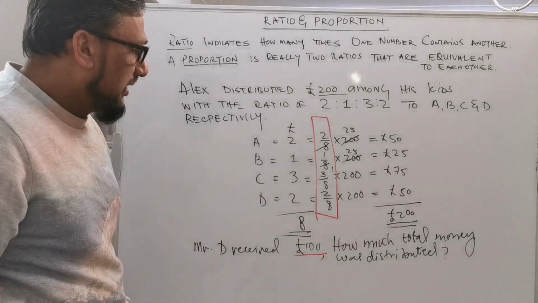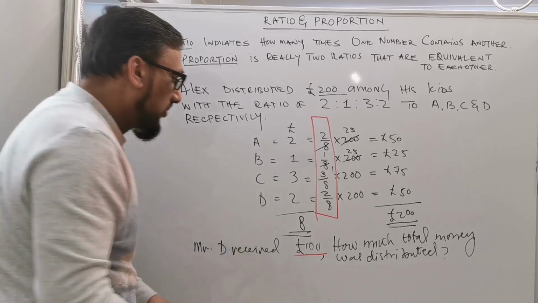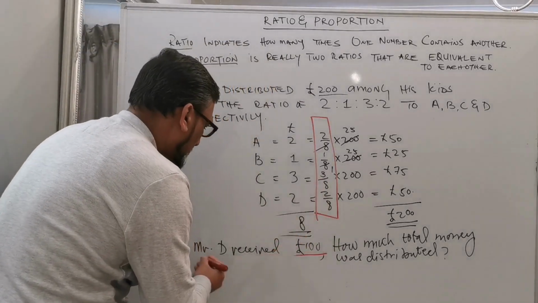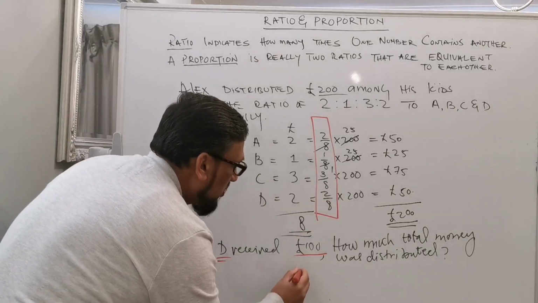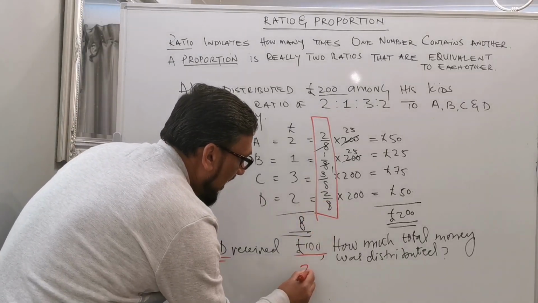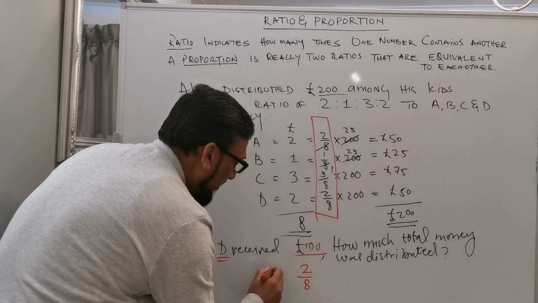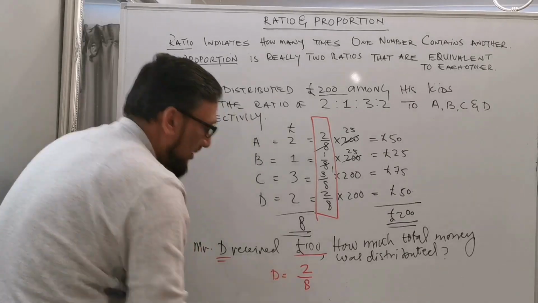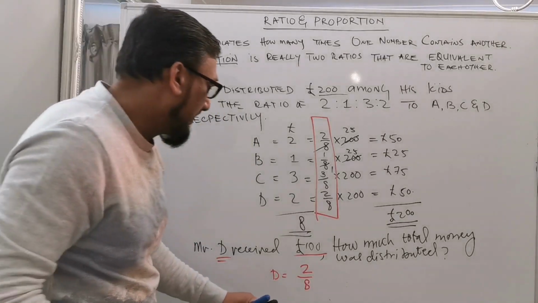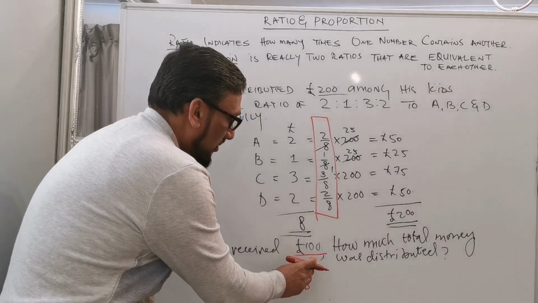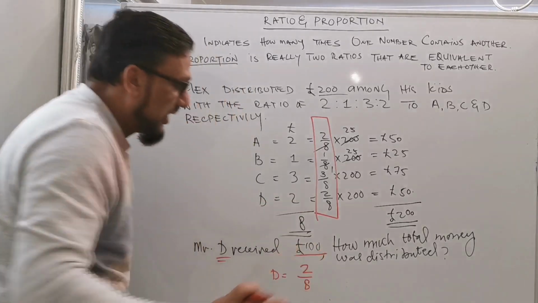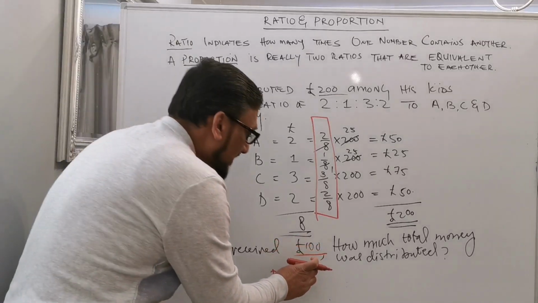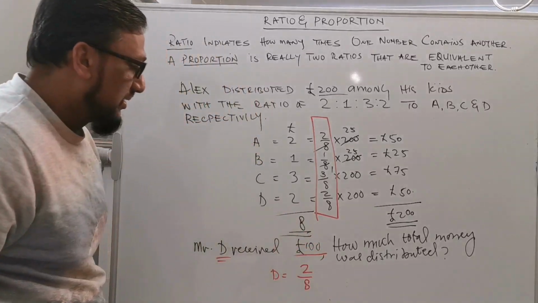So what I do, simply, we know the fraction for Mr. D, which is 2 over 8. And we know the ratio is every 2 pounds for the 8, so he is taking every 2 for the 8.